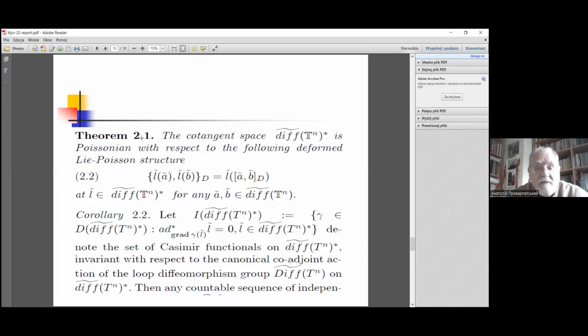property. Let E be the set of smooth functionals on this cotangent space to our vector fields on the torus, which satisfy the following properties.